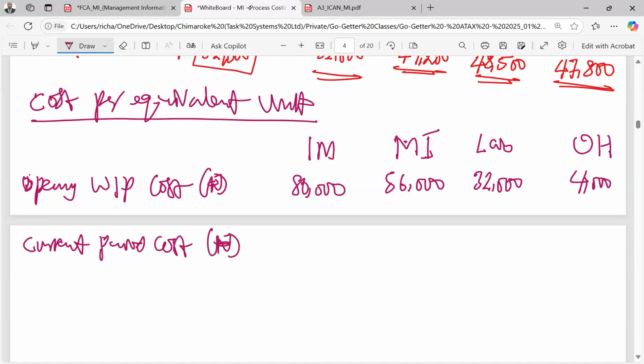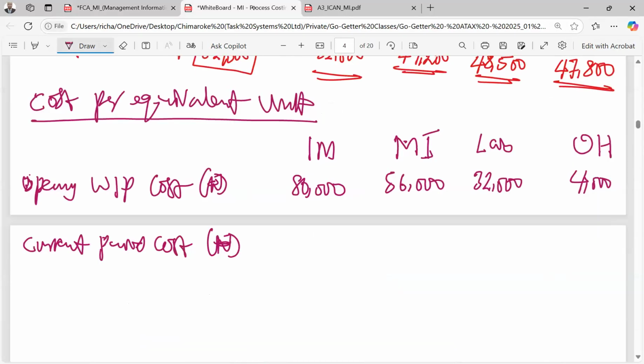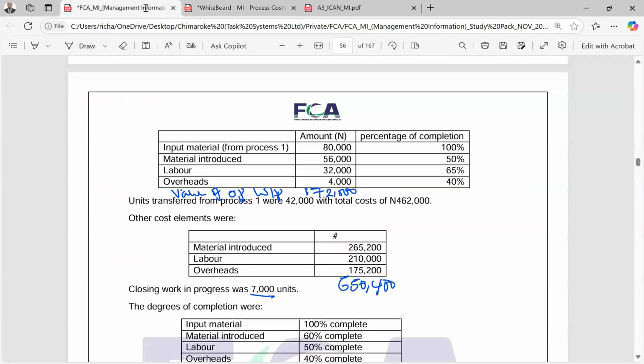For input material, the cost you are going to use is 462,000. Then for the rest, you are having 265,200, then 210,000 and 175,200.